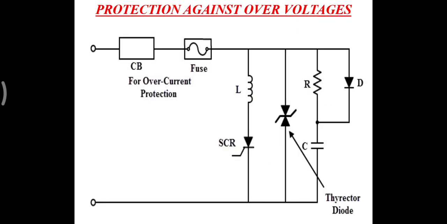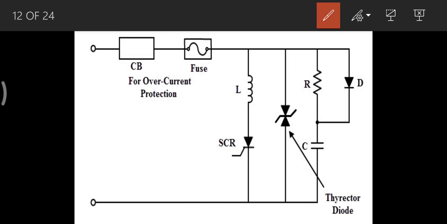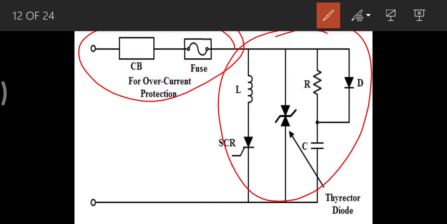So see here, this is the diagram. This is different, it is protection against overcurrent. Up to now we have discussed these topics. The combination of this R, C and D is called a snubber circuit.